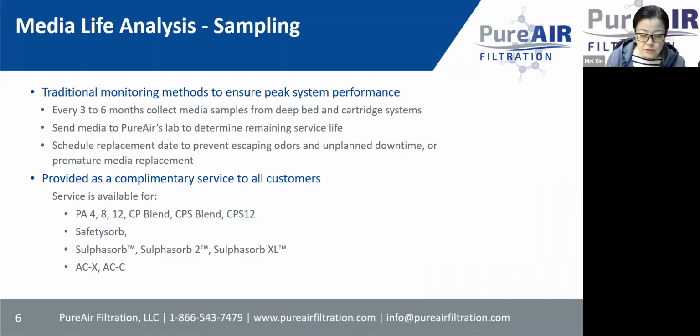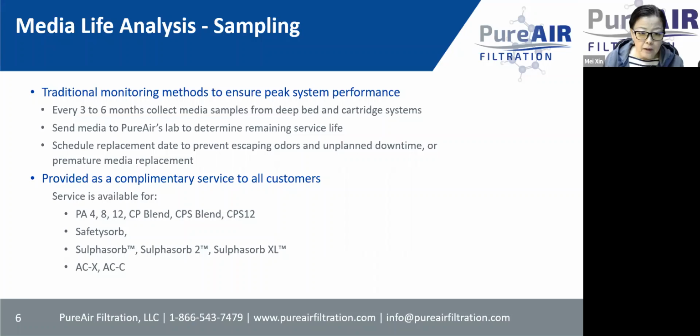Because once the system is in operation, media samples should be collected every 3 to 6 months and analyzed to project remaining life. This can prevent system unplanned downtime and also prevent exceeding the control specifications, or also can save you money by preventing premature media replacement.